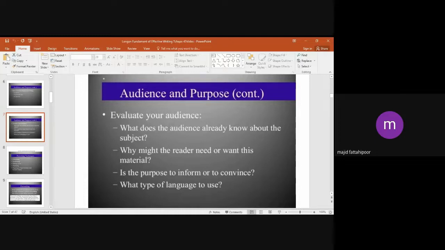It's not about showing that you are bright or very friendly. So not too much informality, not too much formality.